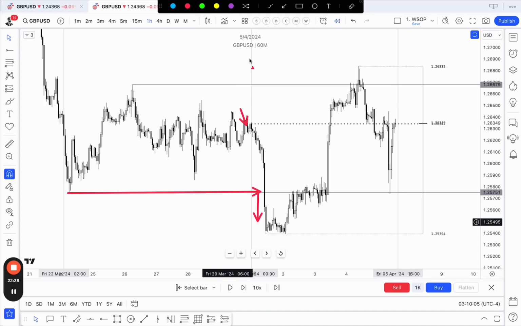If we just look at this week here, the week is heavily discounted. Forget about all the ranges. Above the opening price is premium, below the opening price is discount, and the opening price is fair value for the week. So you can see for the week it's extremely discounted, with price at the previous week's low.